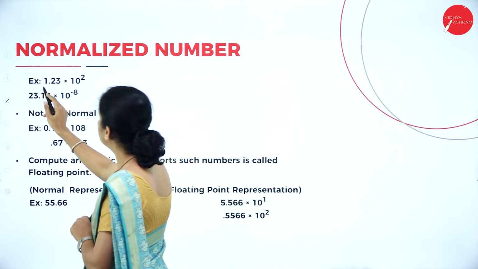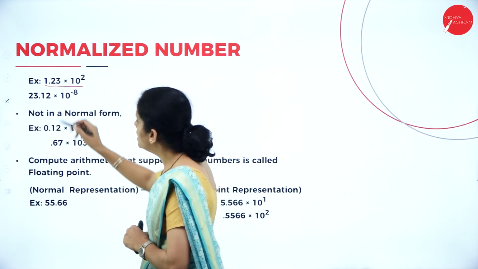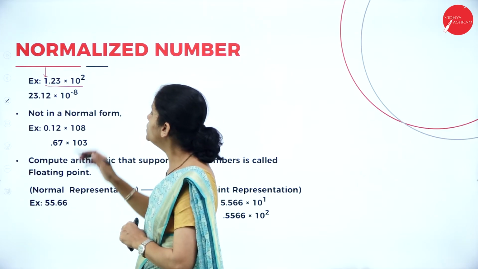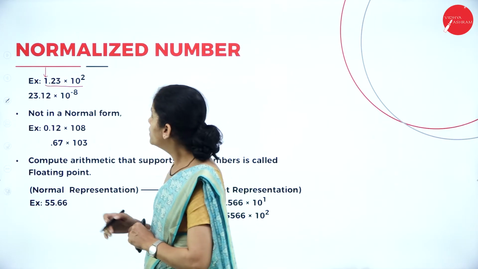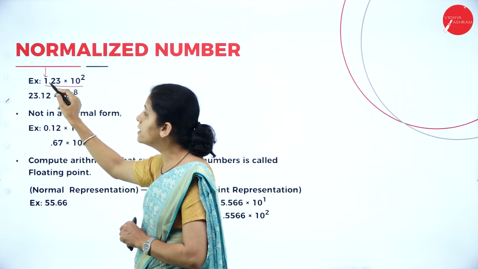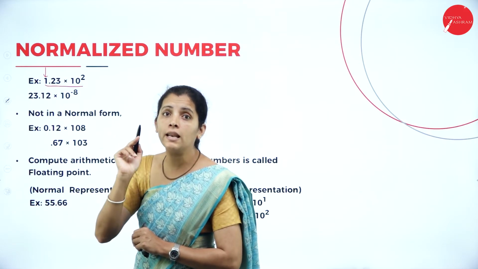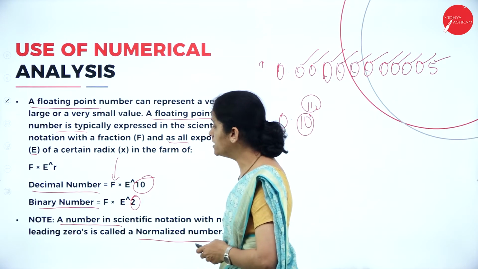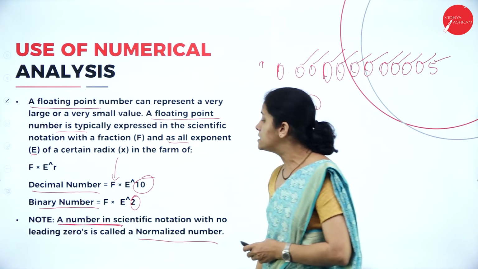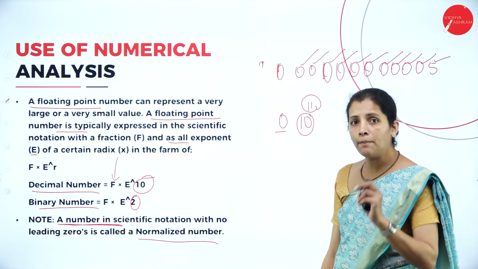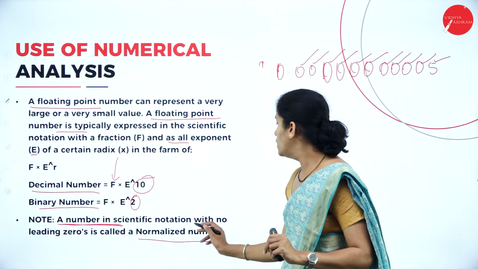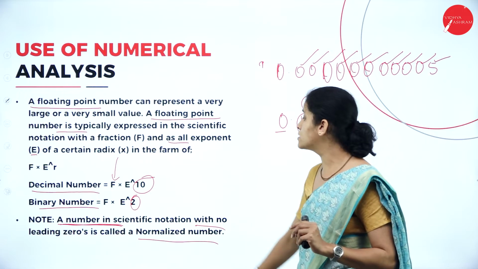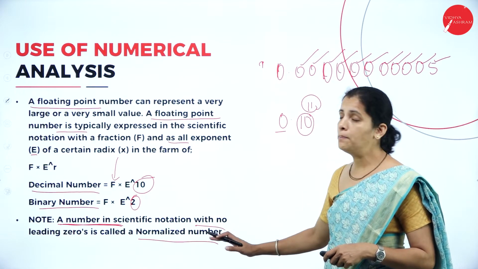See here, if I consider this example, 1.23 into 10 to the power 2, this indicates that it is a normalized number, because it satisfies the condition. So what is the condition? A number in scientific notation with no leading zero is called a normalized number.